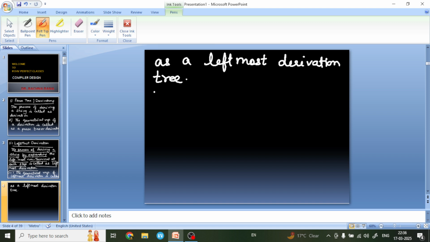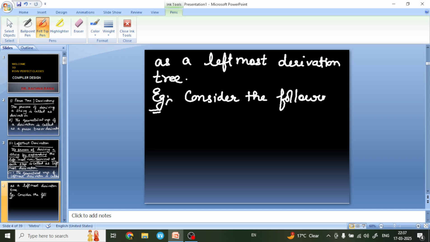Now I am taking an example. For example, consider the following grammar.